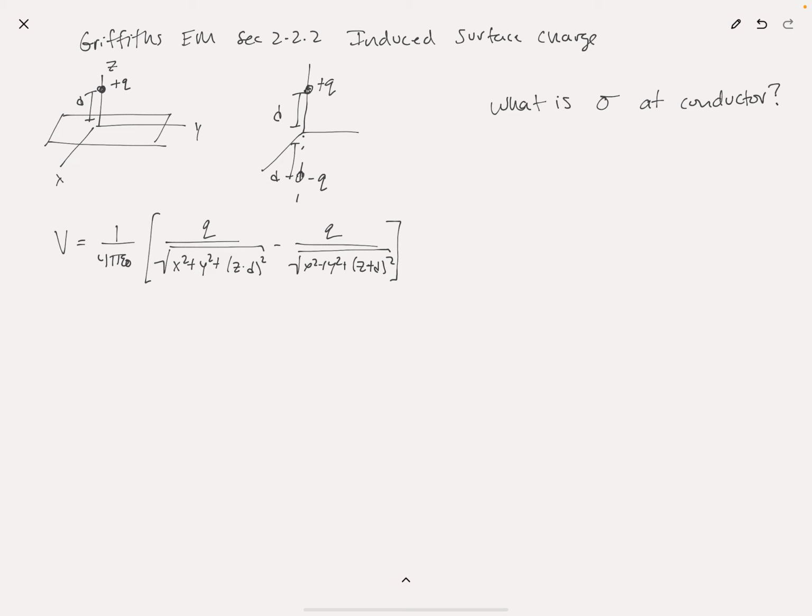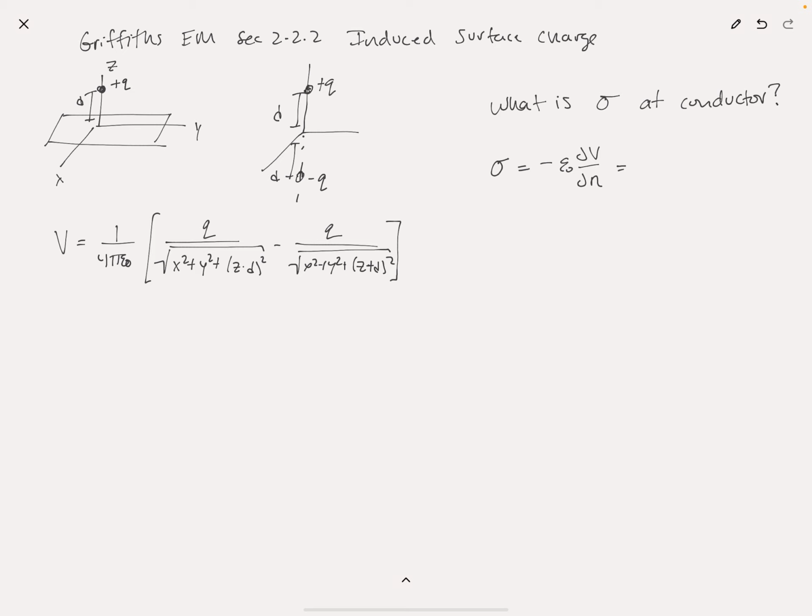That electric field is related to the gradient of our potential, and we can write that the surface charge density is equal to minus epsilon naught times the derivative of our potential with respect to n, where n is the normal direction from the surface, which is like the gradient essentially.